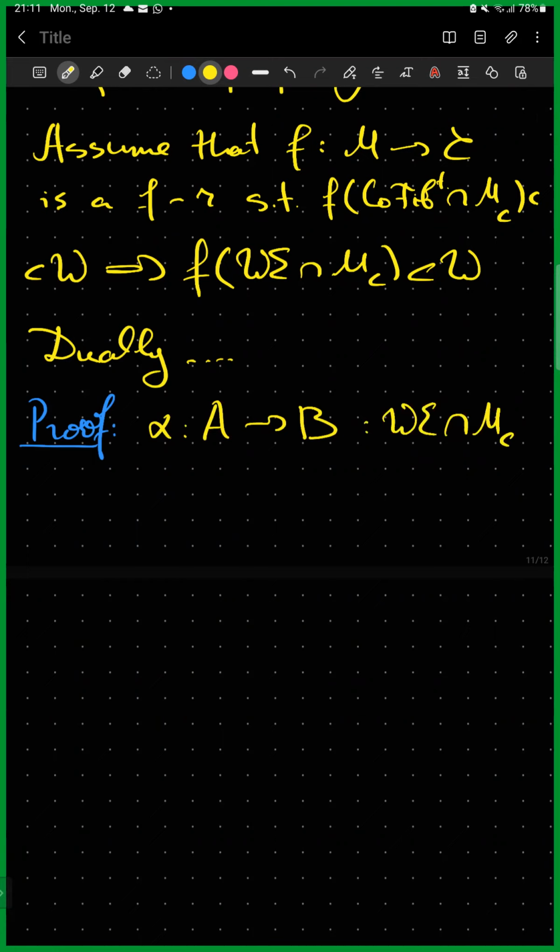And consider the composition of the following form. We have the coproduct of A and B. We have a map alpha and the identity on B, which goes to B. And we decompose it like this.